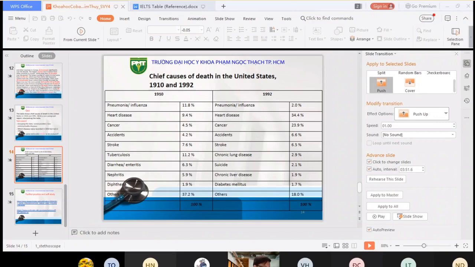So features here are different. Next one we have diarrhea, enteritis, suicide, different too. Nephritis, chronic liver disease, diphtheria, diabetes mellitus, others. Okay, so some new categories replace the old categories, right?